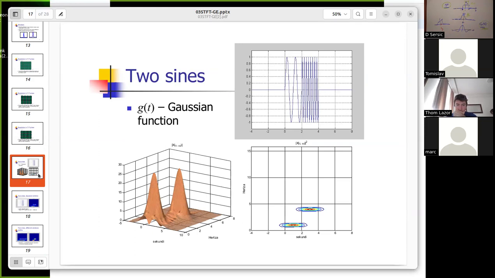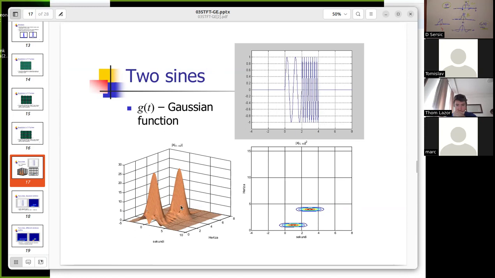When we apply it, we get a two-dimensional result. Here it is the modulus of our two-dimensional result. We can see two mountains, two hills, that correspond to the two sines.